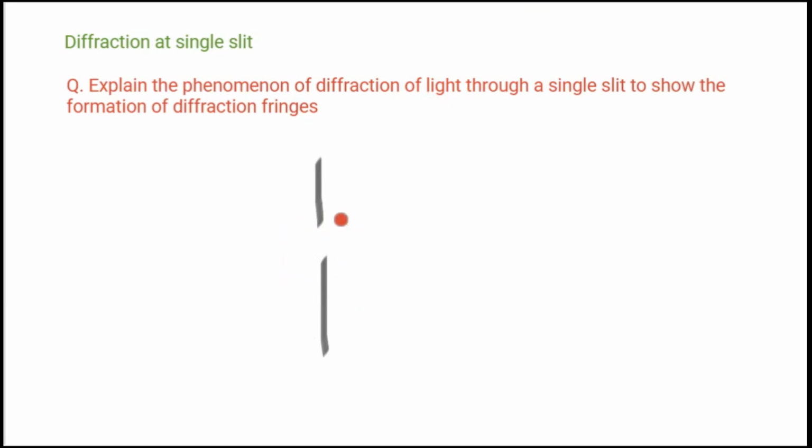Now what we will do, we will place a source S here. This source will produce the light waves. Now what will happen, as we have studied, the light waves will bend around this aperture to obtain the image on your screen.